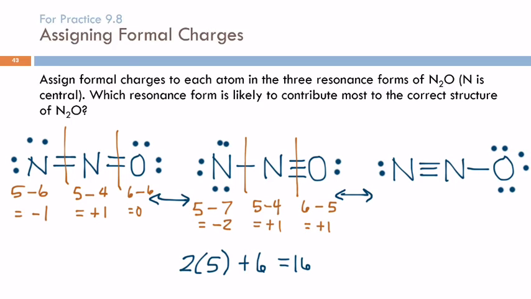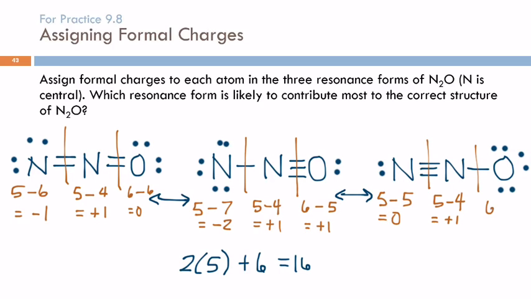Then we have to do it again over here. Cut the bonds. This nitrogen has 5 valence electrons. How many does it get in the breakup? 5. Here's another nitrogen. 5 minus 4. So this is +1.